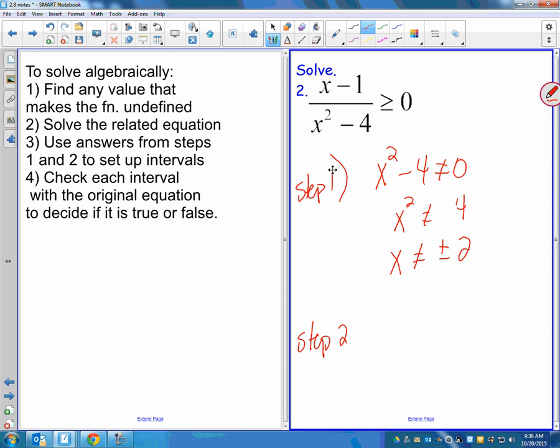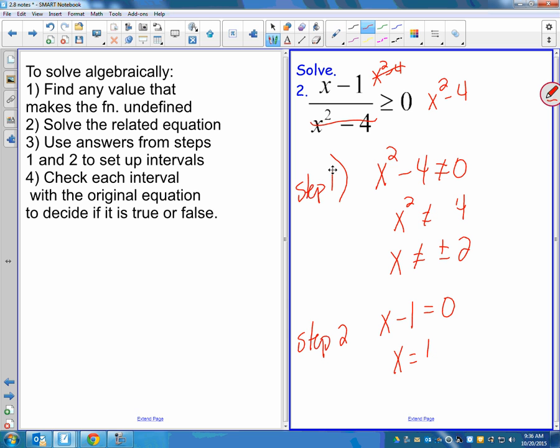If I multiplied both sides by the denominator, x squared minus 4, since this is equal to 0, do you agree we just get the top equal 0? I love those problems. So I'm just going to say x minus 1 equals 0, because 0 times all that is just 0. So I get x equals 1.